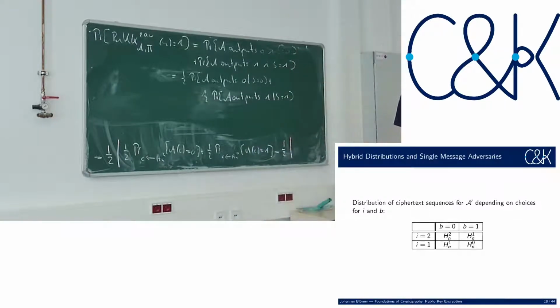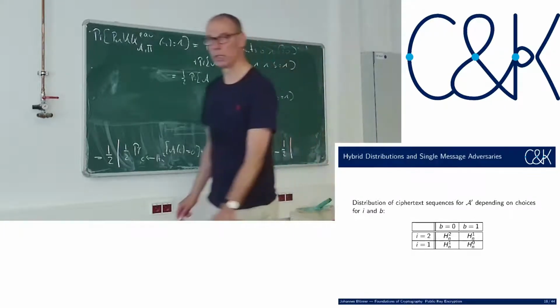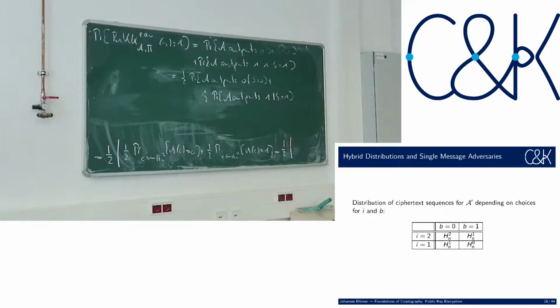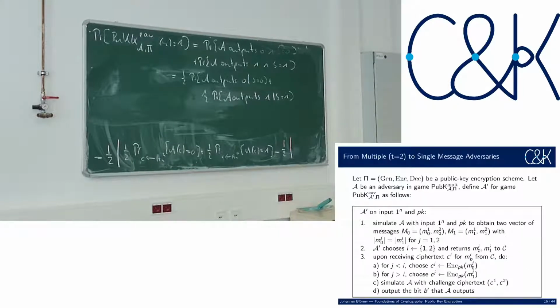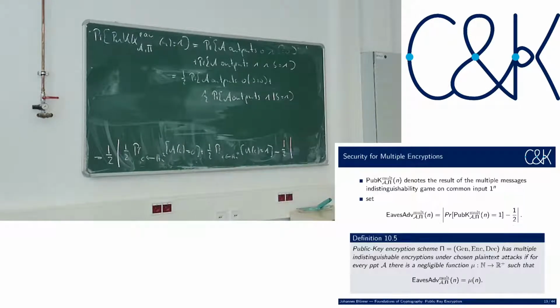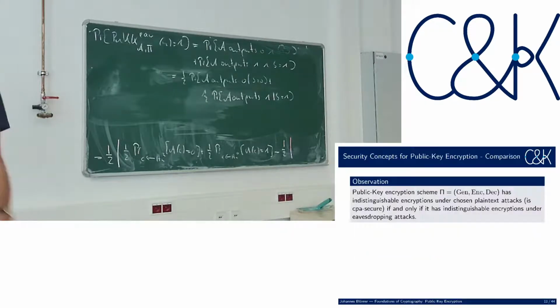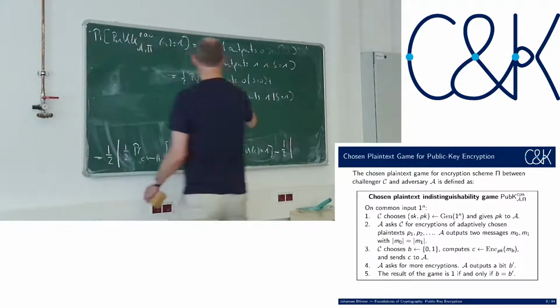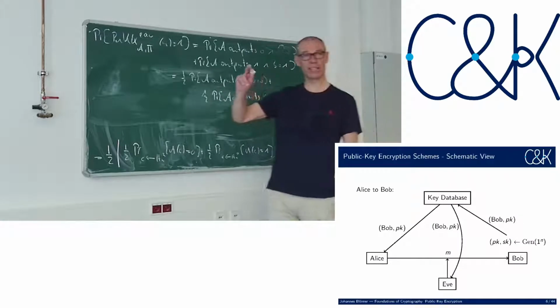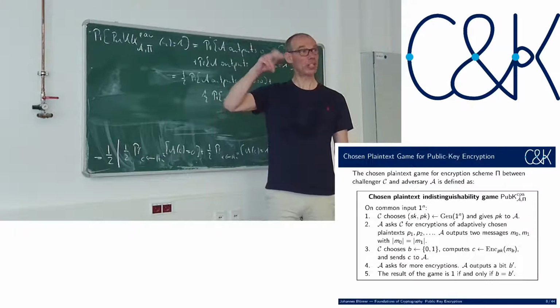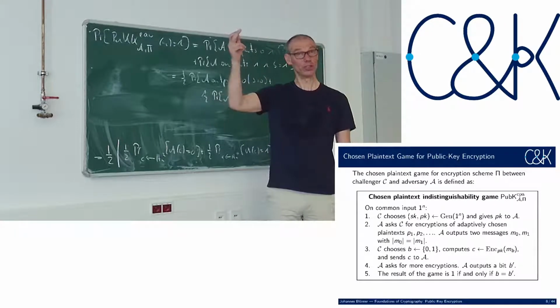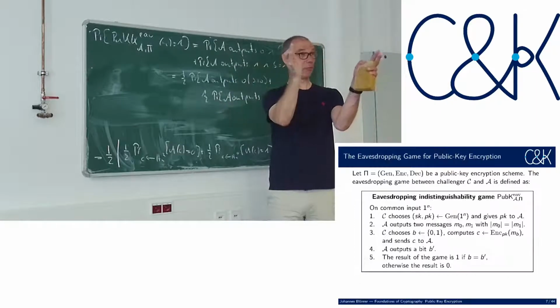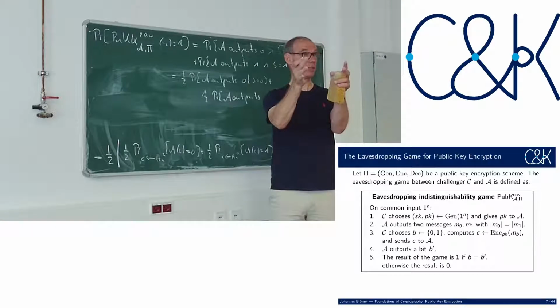But in the game, right, we're now talking about this game here, at the very beginning. If B is 0, then A gets a ciphertext that's distributed according to HN2 by our definition. Both come from M0. And with B is 1, both come from M1.